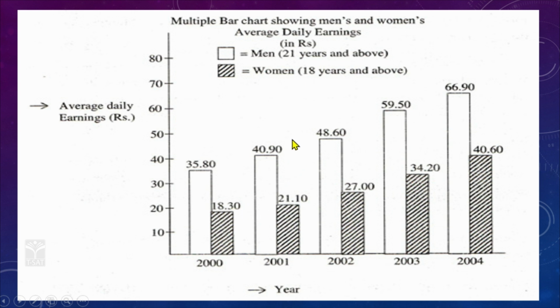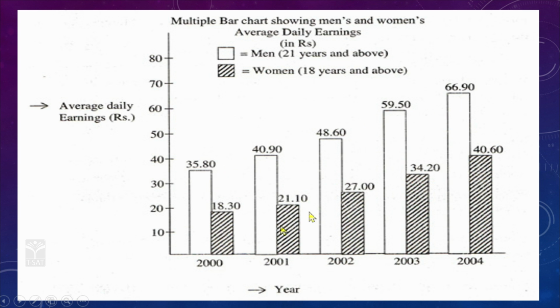In 2001 it increased to 40 rupees 90 paisa for men and 21 rupees 10 paisa for women. So, here approximately 3 rupees are increased, and here around 5 rupees. When you come to this one, it is 48 rupees 60 paisa in 2002, in 2003 it is 59 rupees 50 paisa and in 2004 66 rupees 90 paisa.